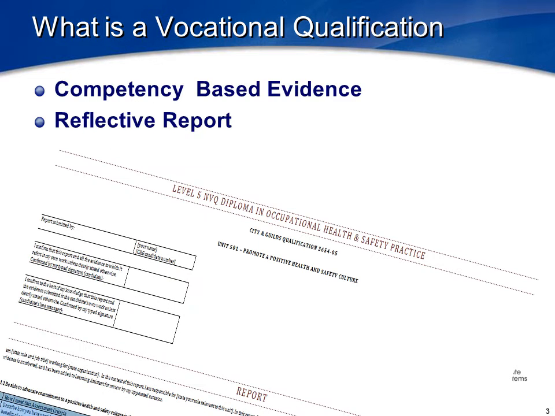This is supported by a reflective management report which highlights their thoughts and activities on how they went about the activity and how they generated the materials. This is based on the concept of learning by doing, which has been shown to increase retention rates and also supports the individual within the workplace to demonstrate their skills.